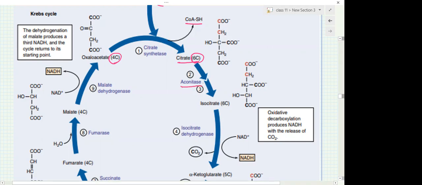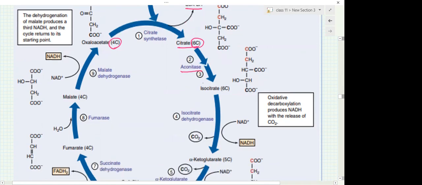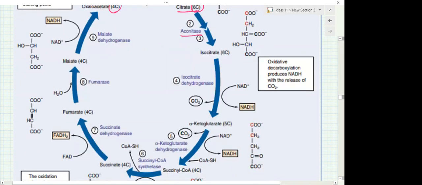So isocitrate loses what? Isocitrate loses 1 carbon dioxide and it becomes a 5 carbon compound, alpha ketoglutarate. Here, with the major enzyme of isocitrate, NAD is converted to NADH. So this is one important step.